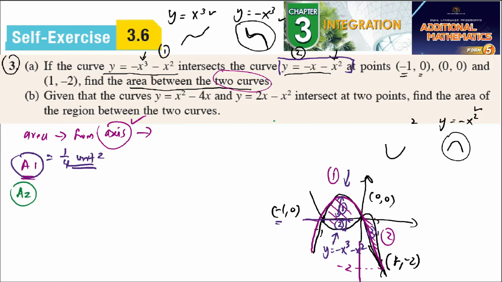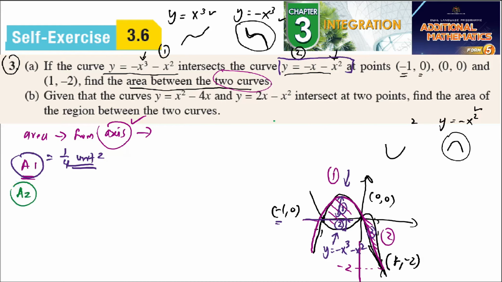x-axis is this graph, which is, okay, I deleted, y is equal to negative x minus x squared. So above here is this graph. So when both graphs are under the same axis, we take the furthest one minus the closer one. So this one is actually from 0 to 1, because this is 1, negative 2.